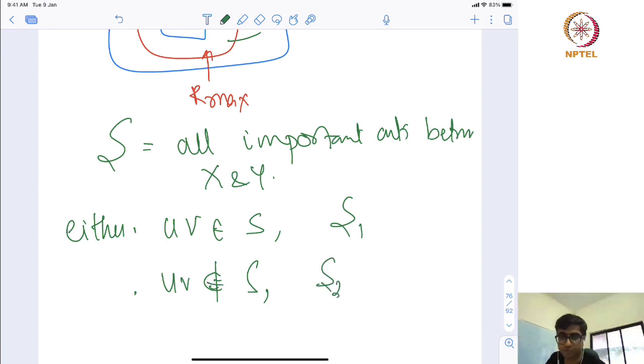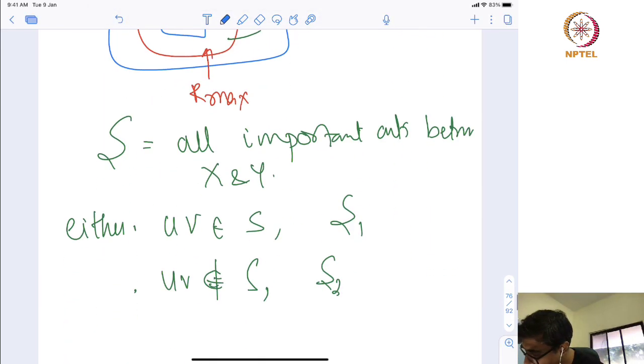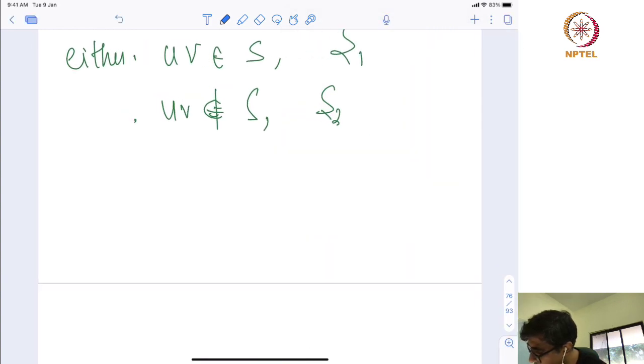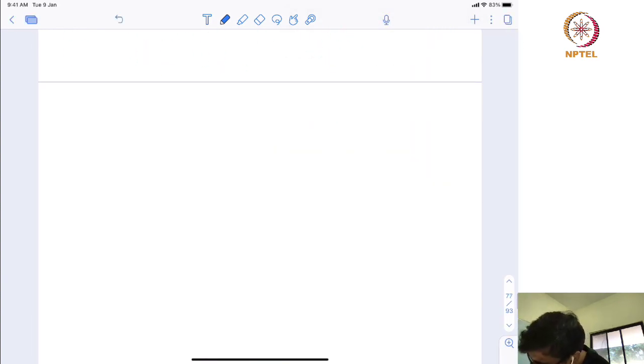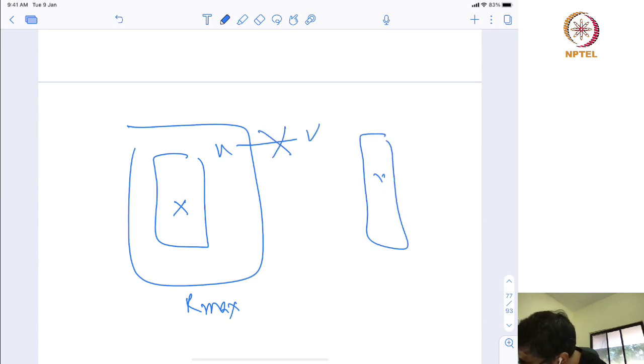So we'll count each of them. So now let's see what happens in the first case. Well, here is your graph, this is your X, this is your R max, and here it is your UV. You have thrown this out, and this is your Y.